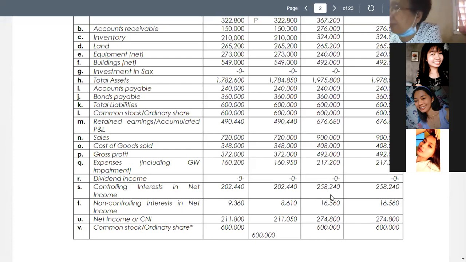That's the final amount. The sum of depreciation expense, total parent and subsidiary, 84,000. Then other expenses, parent and subsidiary, 66,000. We are now adding goodwill impairment of 3,000.